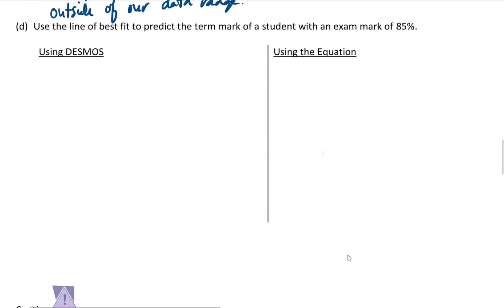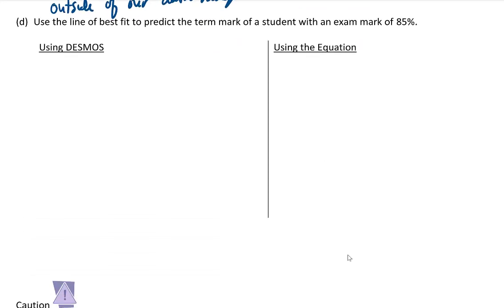All right, last one. Use the line of best fit to predict a term mark of a student with an exam mark of 85%. So this time we're given the exam mark, and recall that is a y value. So we're going to let y equal 85. We're going to do this using Desmos and then do this using the equation.